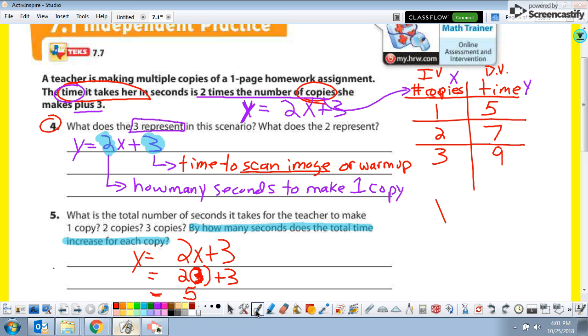If you notice here, every time you go up by 1 copy, the time increases by 2 seconds. So you have 2 seconds for every copy.